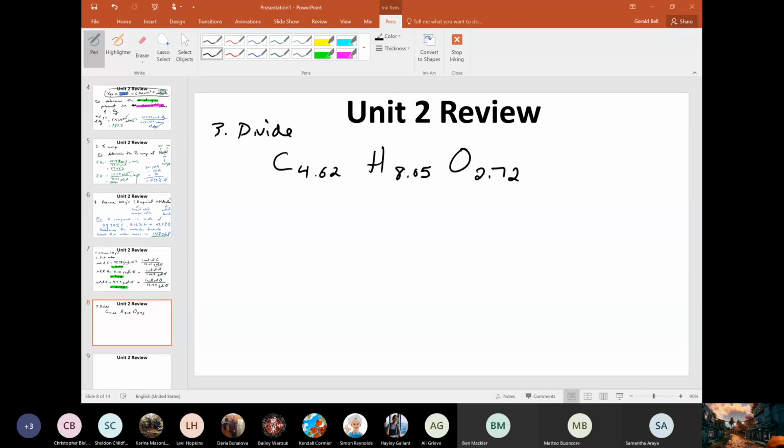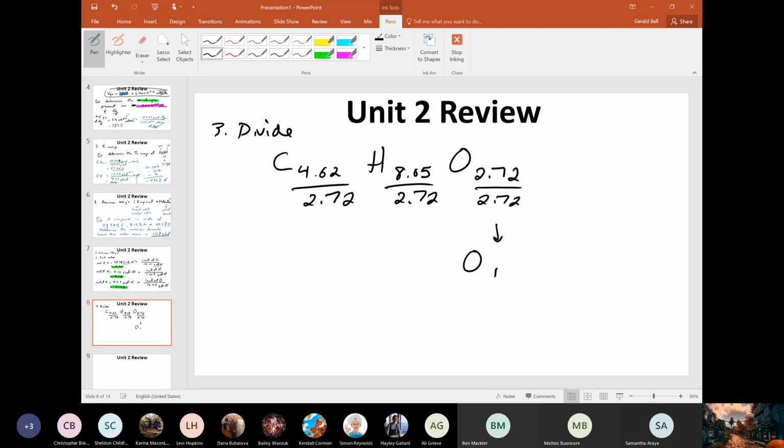Like I said, we'll divide by the lowest one, which is that one we just came up with. So I can tell we're getting 1 oxygen here.